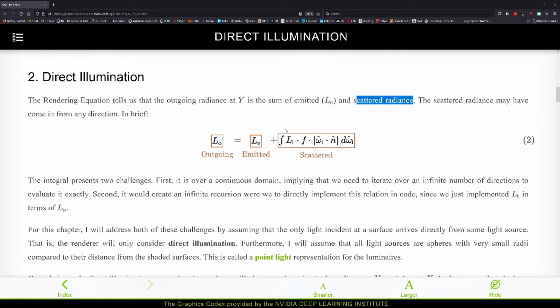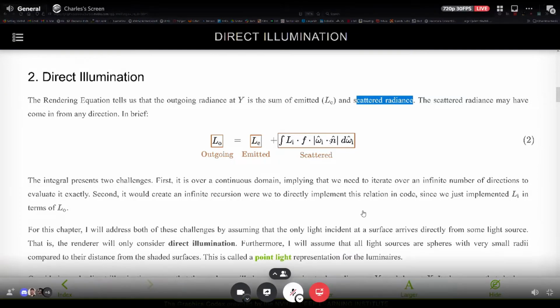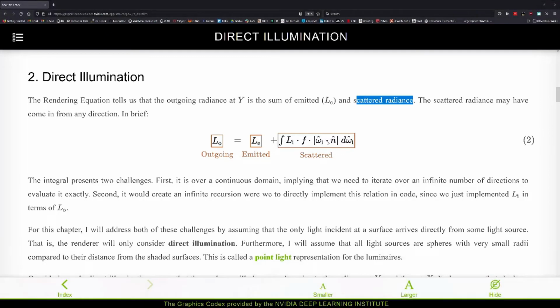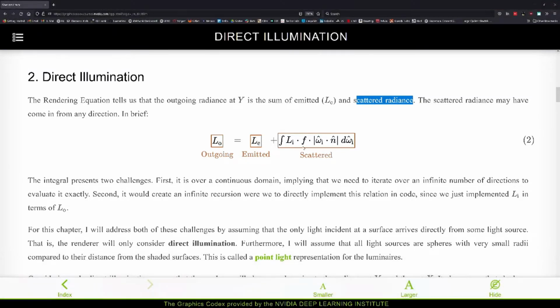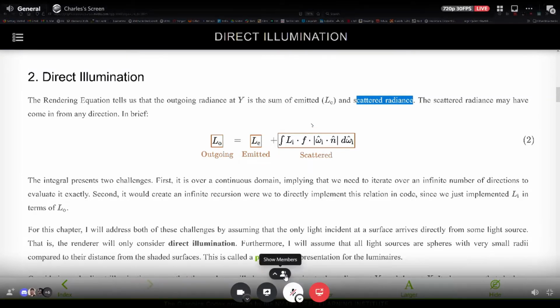And so we have the integral of incoming light dotted with F, and this is the dot product here between the outgoing ray and the normal of the surface. So this is our cosine attenuation. I'm trying to remember what F is. PRDF?